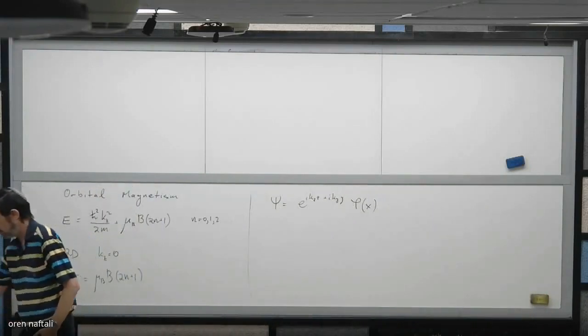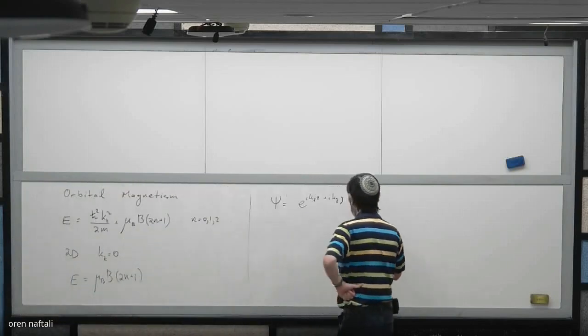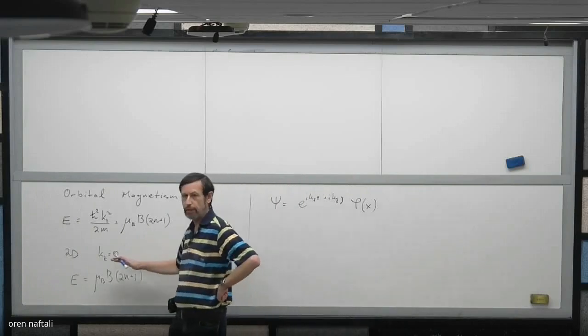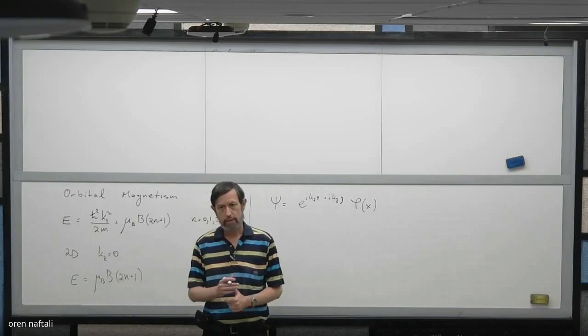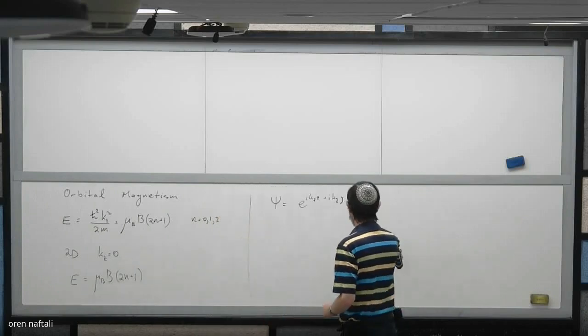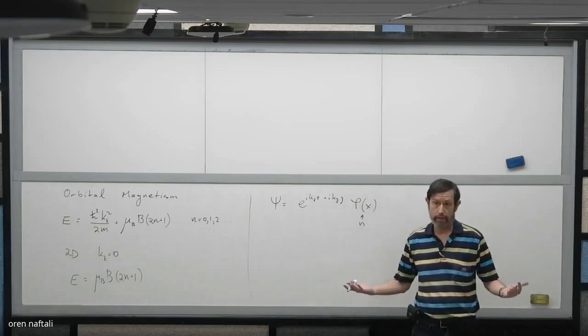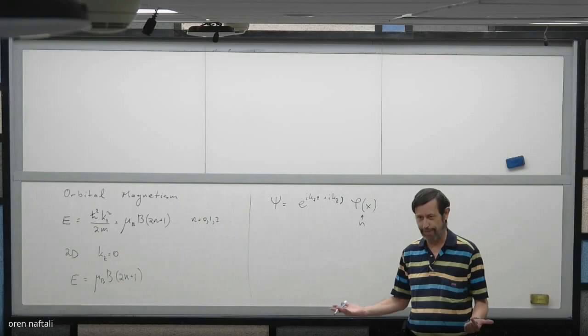Okay, so what is the connection between the quantum numbers that we have here and the results that we got? n is connected to the x degree of freedom because that was the equation that we solved, right?